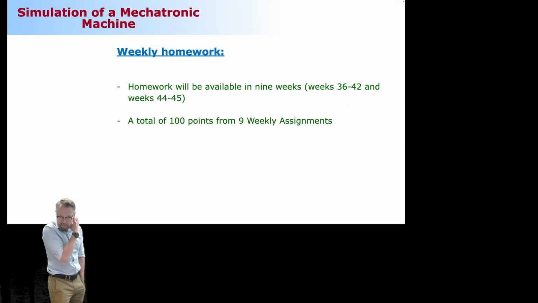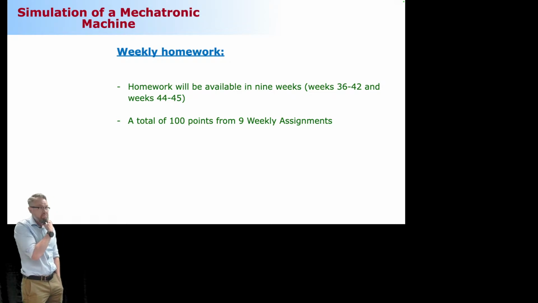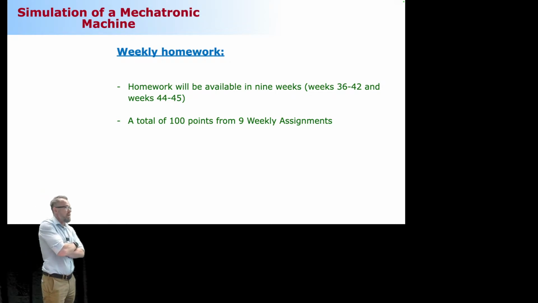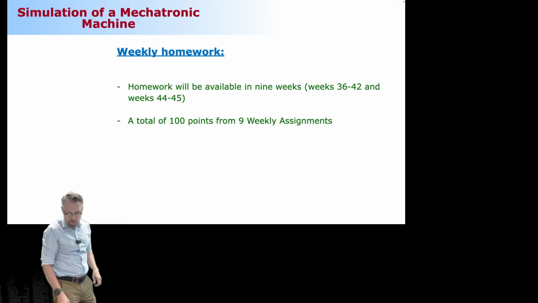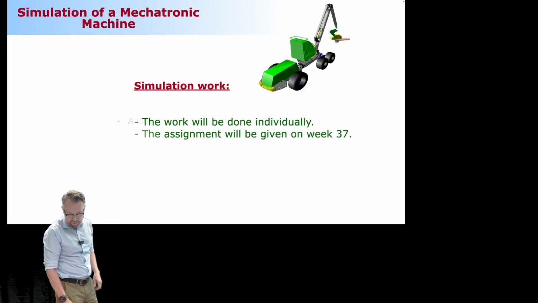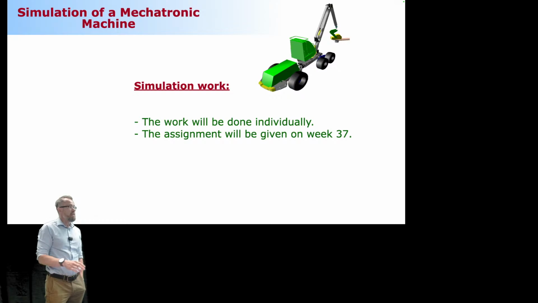Weekly homework gets started as soon as I post the first weekly assignment module. They're going to be available in this period and a little bit in the second period as well. A total of 100 points is available from that. Simulation work will be done individually, meaning that initial values and initial parameters will be student number specific.